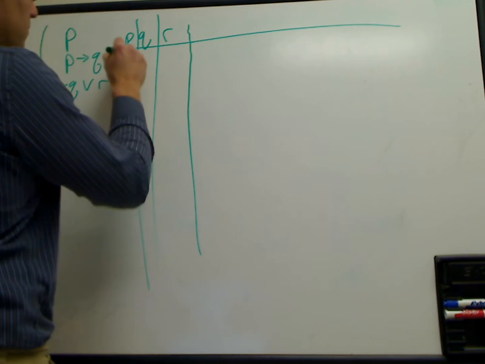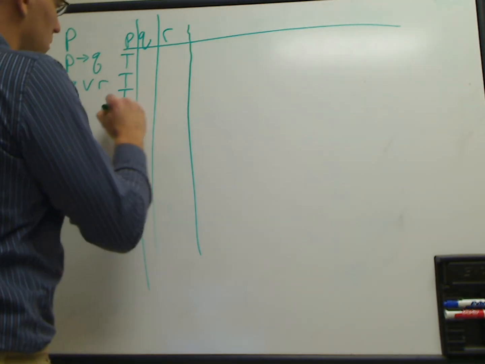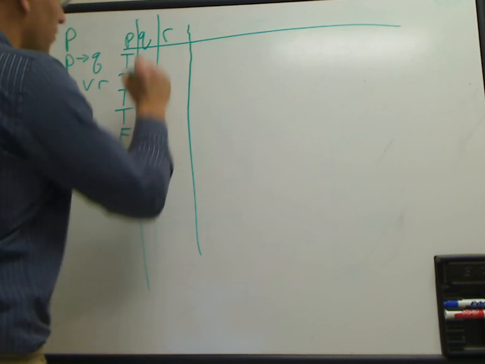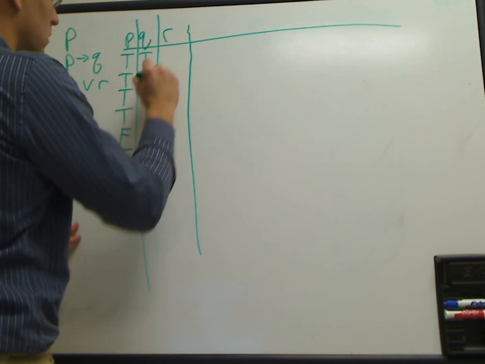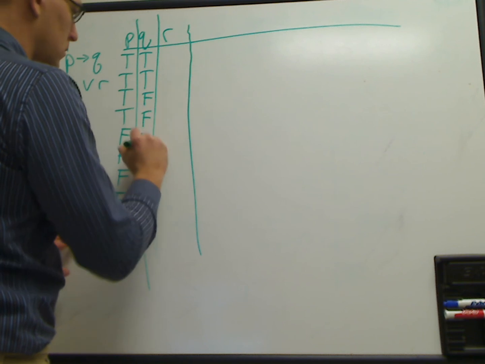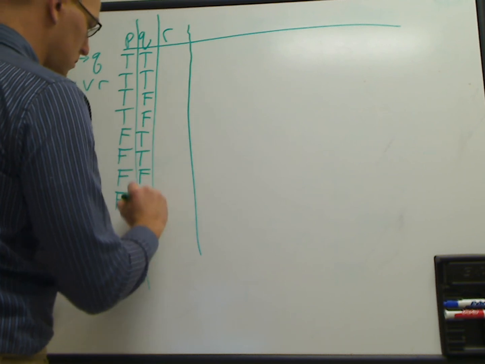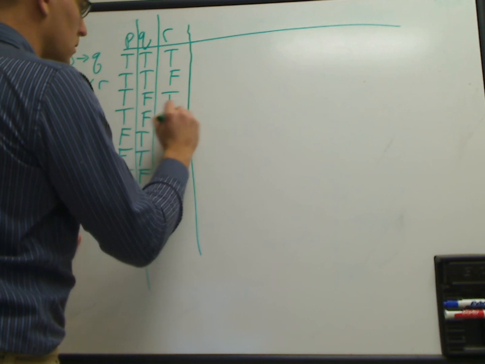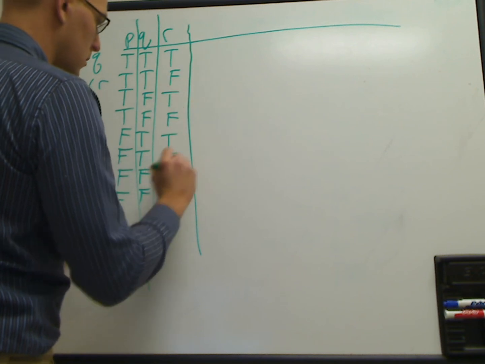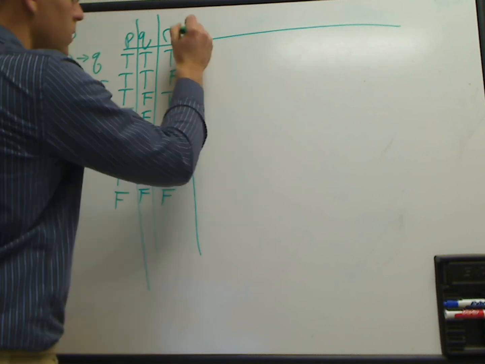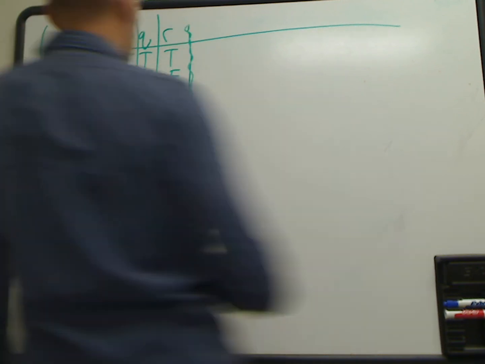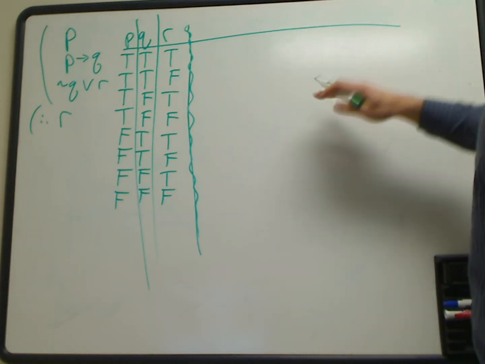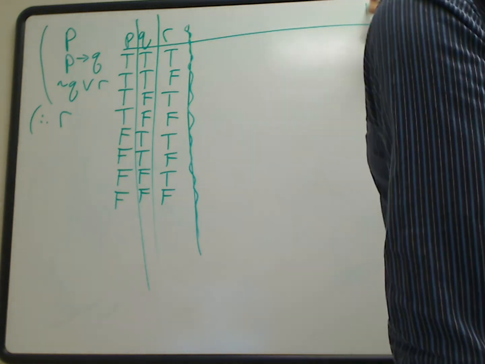So I'm going to build our truth table in the same way that we built all the truth tables before. And now what we want to do is we want to show all of our premises as well as our conclusion on the far right side.